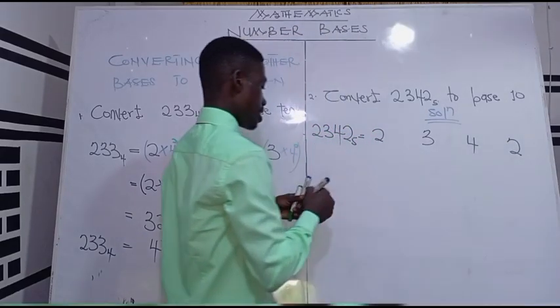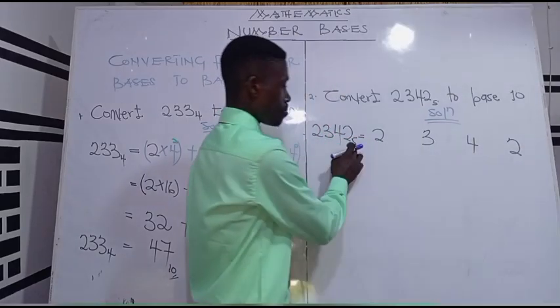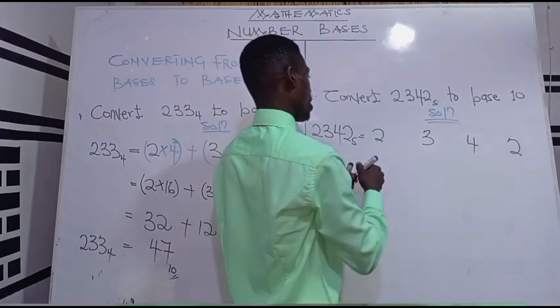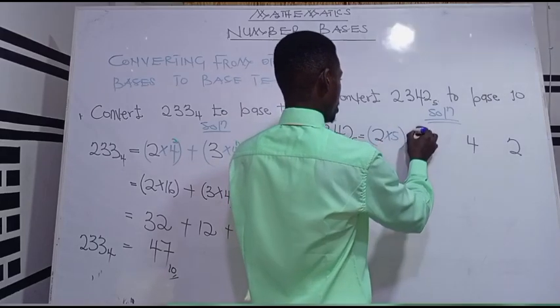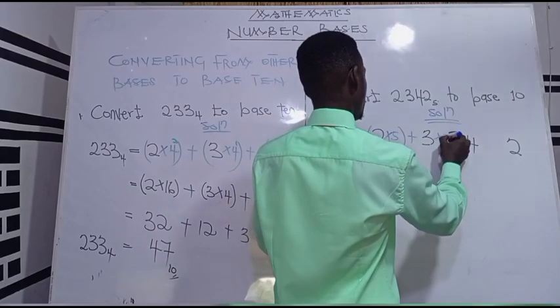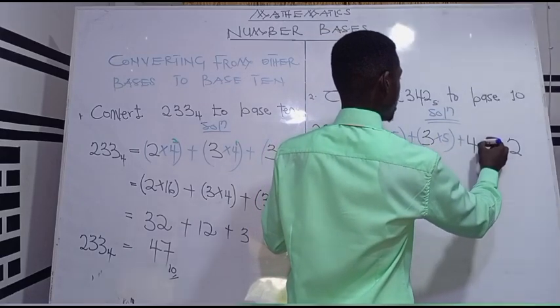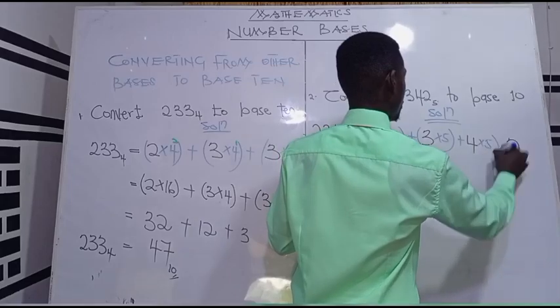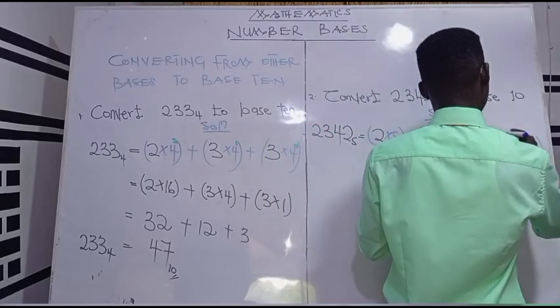Good. So the next thing we are going to do is multiply each of these numbers by the base given. So the base is 5. So we multiply here by 5. We sum them, multiply this number by 5. We sum it, multiply this number by 5. We sum it, and then multiply this number by 5. We sum it.